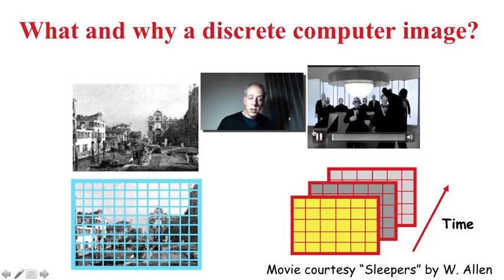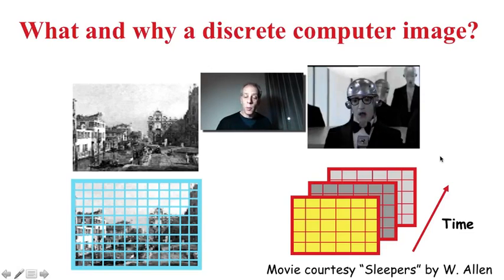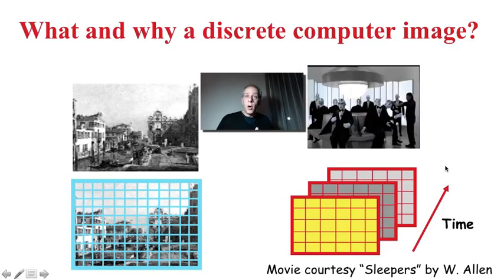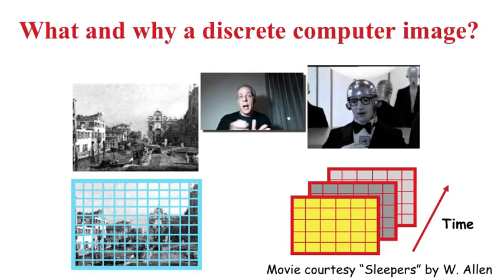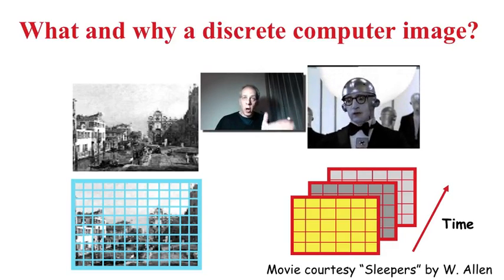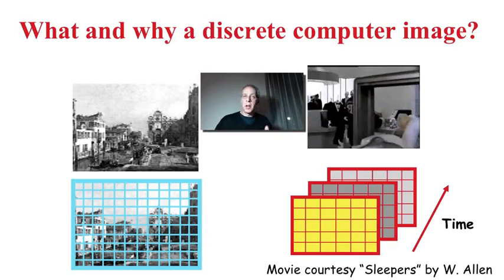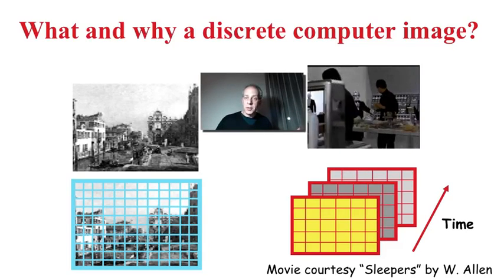They look continuous to us, like this movie that we are watching here, because the sampling in time is very fast. And that's why our perception perceives this as a continuous object. But we already know that this is a discrete object, 30 frames per second, 24 frames per second.